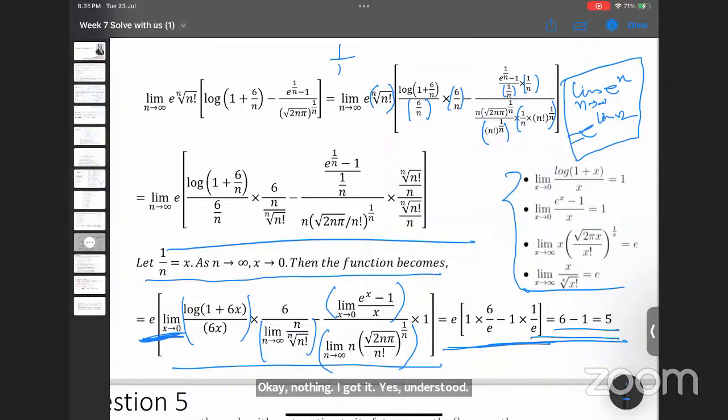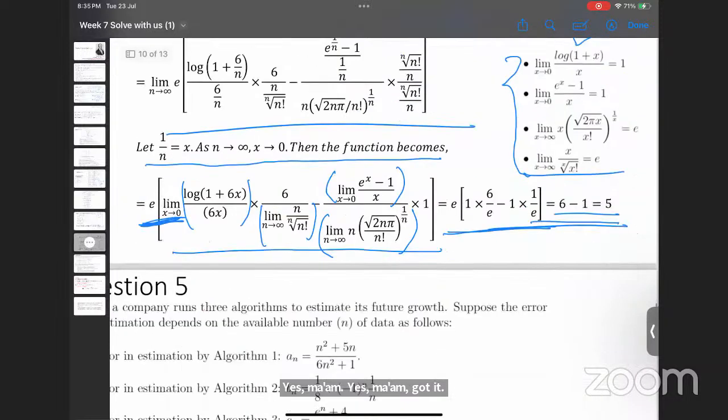So 1 by something means this, right? Here they just took this term and put this term here. Okay? Got it. So I don't think you have any doubt with this question.